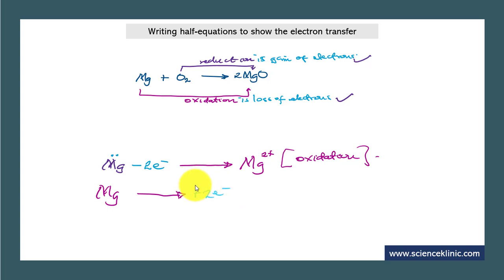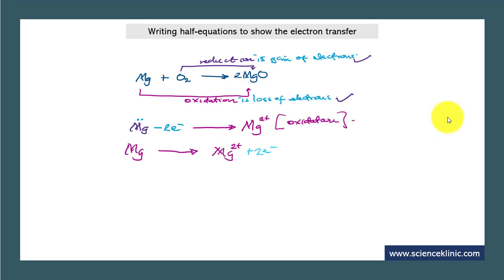So let me just move it. To be plus 2 electrons, and it will be magnesium ion. So it means magnesium lost 2 electrons to become magnesium ion. Also, if you add 2 electrons to magnesium ion, it will come back to magnesium atom. So I prefer the first one because it is more explanatory. So this is the magnesium half of the equation, which indicates oxidation.